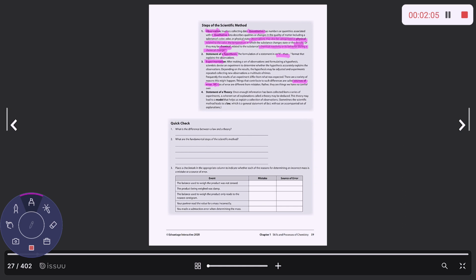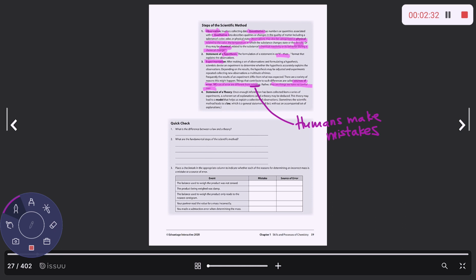Sources of error are different from mistakes, okay? So things that we have no control over are going to be sources of error. Mistakes are going to be things that humans make. Okay, and that's generally how you differentiate between the two.